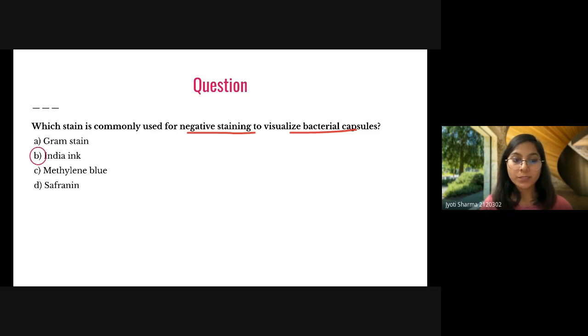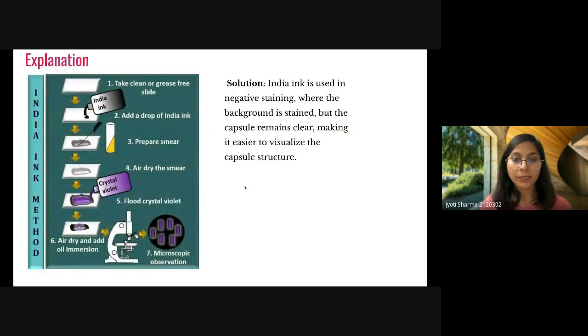So we will use India ink, and again let me explain. First we have the slide, right? Then we will add India ink on it. Then we will prepare the smear. Then we will dry the smear, and if we use the counter stain, crystal violet, this will show you the capsules of the bacteria.